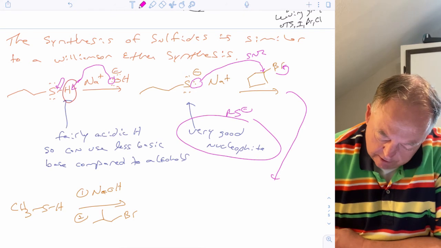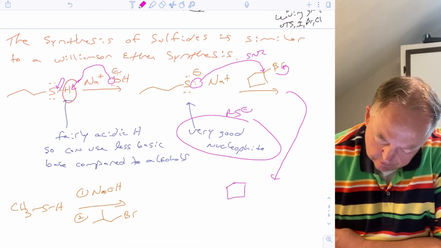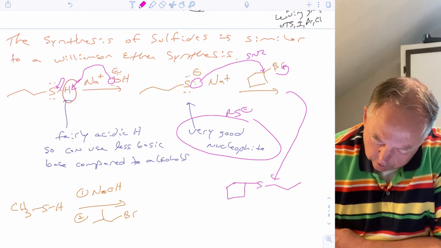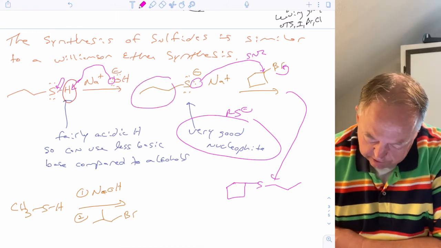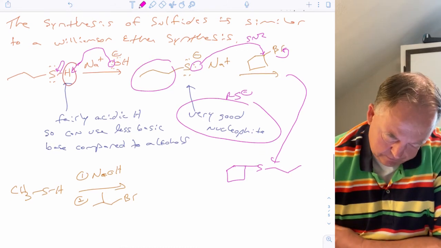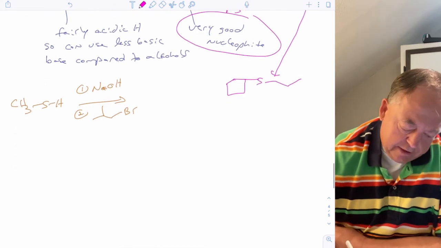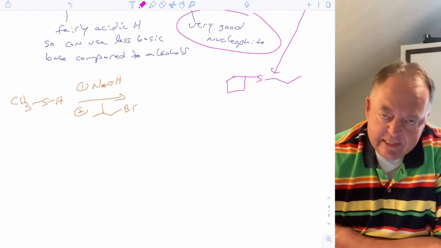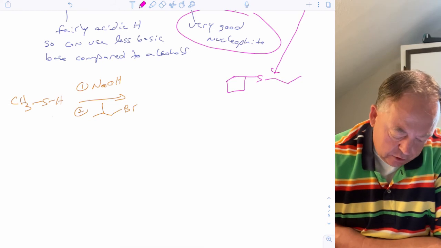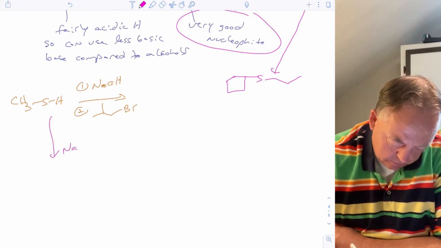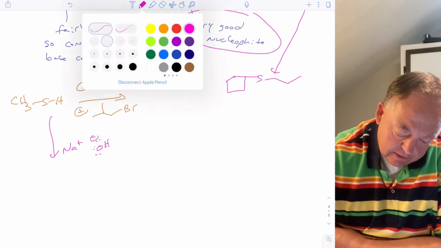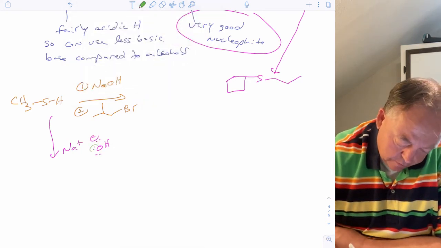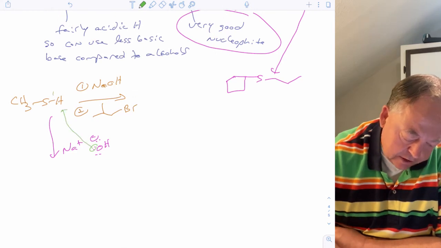So you would make, whatever's attached to sulfur is just along for the ride. All right, so you would make that sulfide. So if we did this synthesis, if you see a sequence like this, 1 and 2, that means you do 1 first. Whenever you see NaOH, you should recognize it's Na plus OH minus. So take a lone pair on oxygen, take the hydrogen off of sulfur.